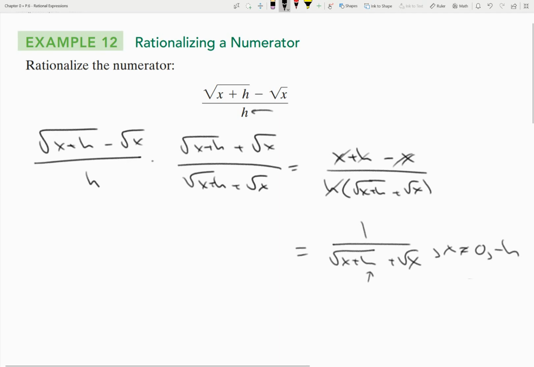So even though the original function was not defined at h equal to 0, this is a thing with calculus: we can figure out what the expression is as h gets very, very close to 0 and what it would have been if h could be 0. And in this case, it would be 1 over 2 square root of x.